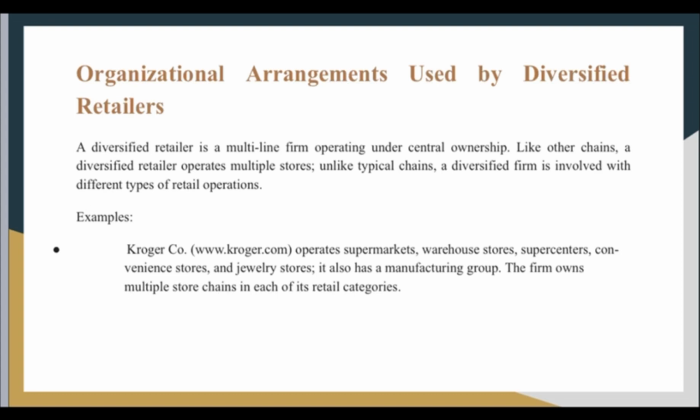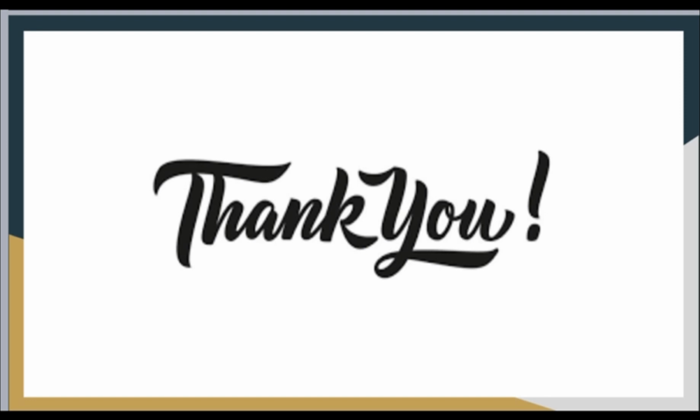For example, Kroger Co. operates supermarkets, some warehouse stores, some super centers, some convenience stores, some jewelry stores, and it also has a manufacturing group. So this firm owns multiple store chains in each of its retail categories, and every product or geographic organization structure can be seen in this.